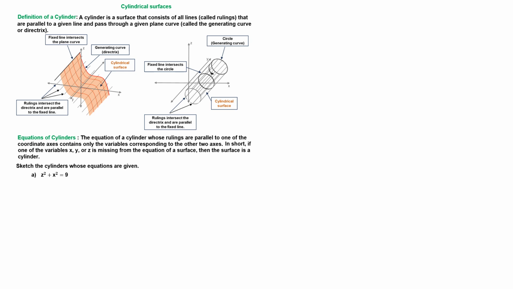This equation represents a circle with radius 3 in the xz plane centered at the origin. So we begin by sketching the graph. Since y is missing, the rulings of the cylinder are parallel to the y-axis and allow y to take on all real values.